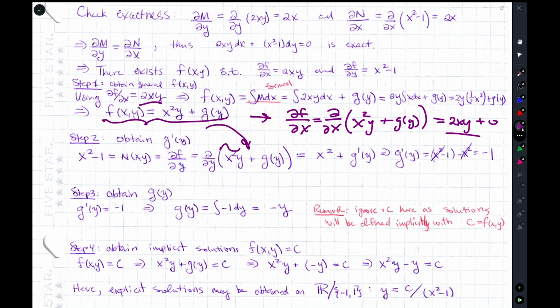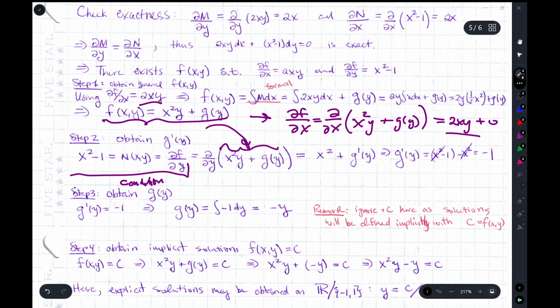In the differential form that we wrote, the thing that multiplies dy is partial f partial y, going back to the chain rule. That's one thing, and this is another thing. So we plug what we found in step 1 into the right hand side, and we get this expression here.